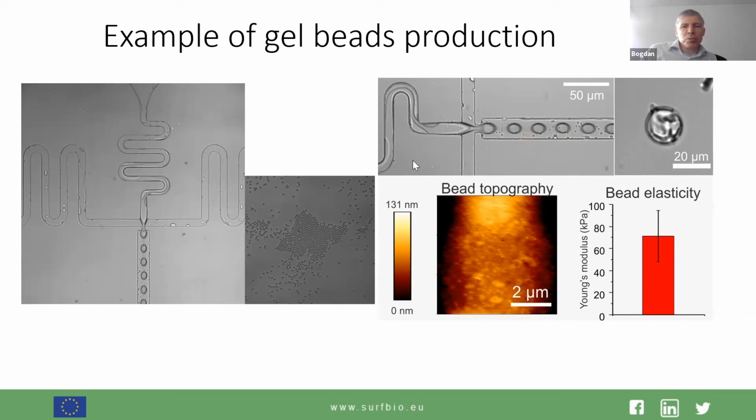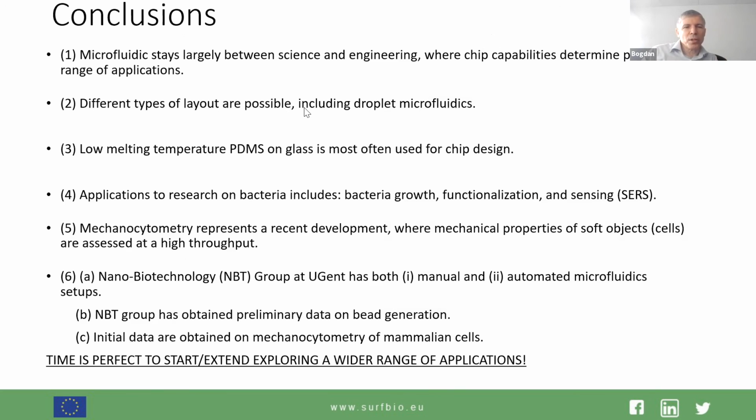It is very interesting now because we have just recently obtained some preliminary data, but the idea is to apply this setup for a broad range of either analytical calculation or fabrication of particles, beads, or analysis of cells and possibly bacteria as well.